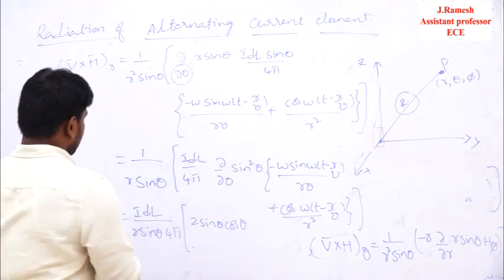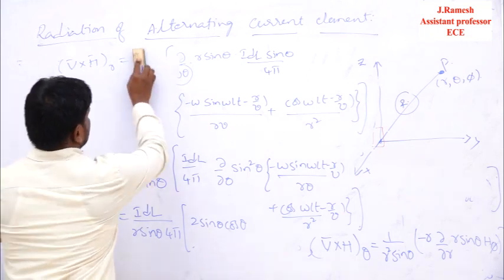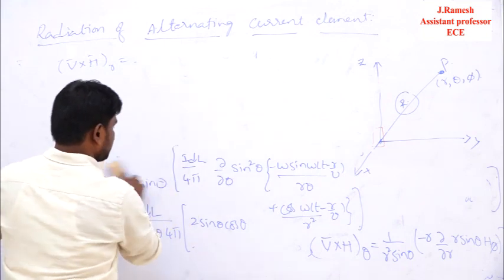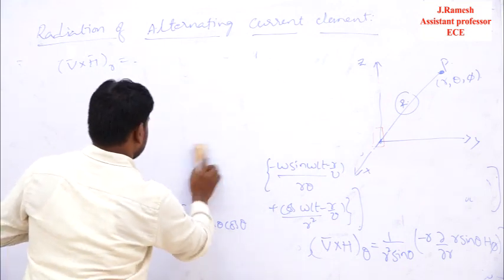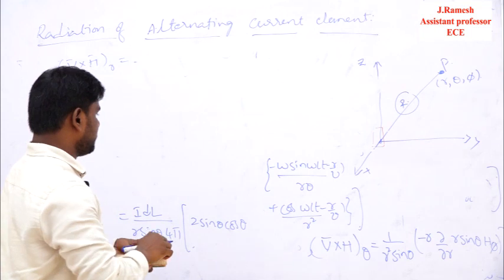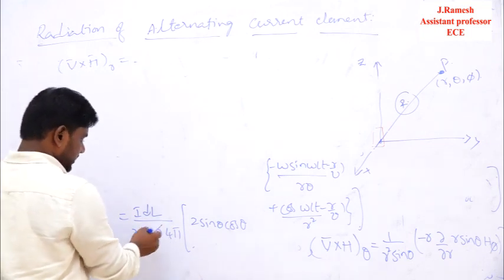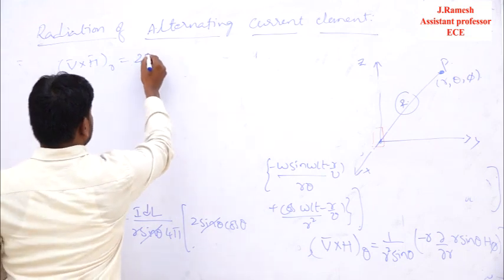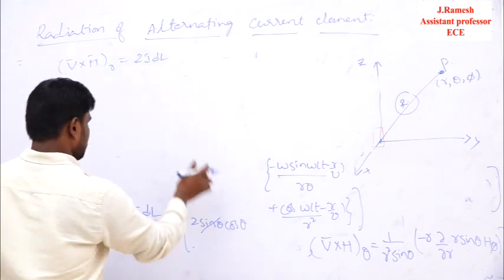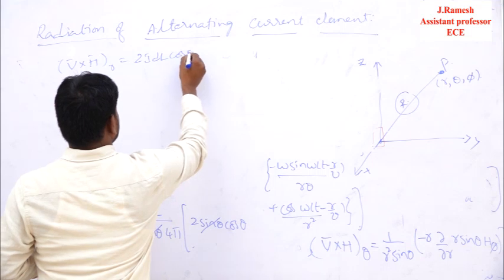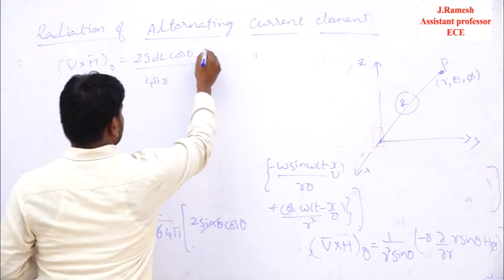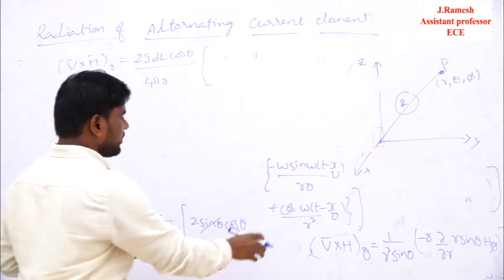So now I can write the entire expression of the r component directly. Up to this I simplified. Now if you observe again, here also sin theta, here also sin theta. So I can write 2 into IDL cos theta by 4 pi into r, multiplied with the remaining two terms.